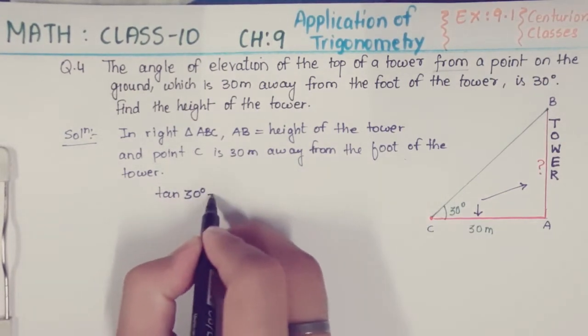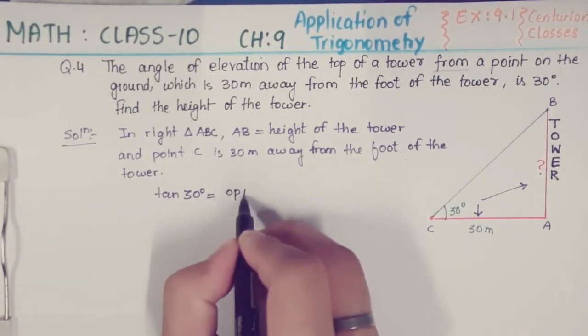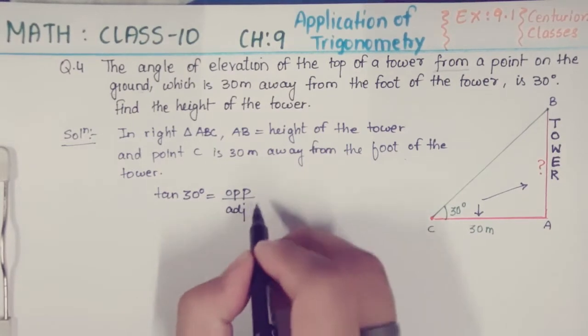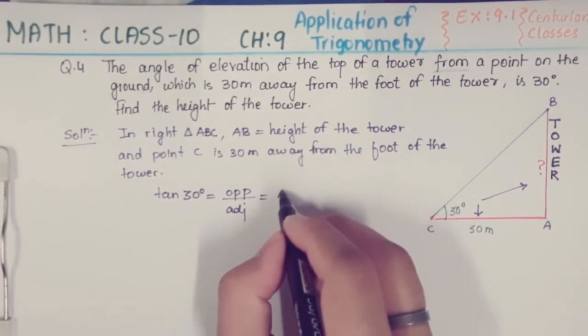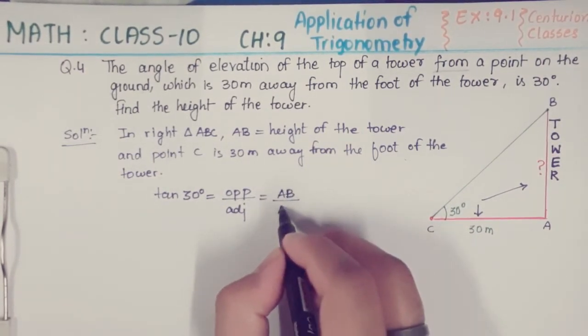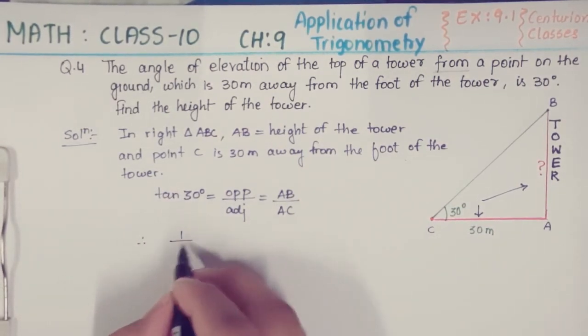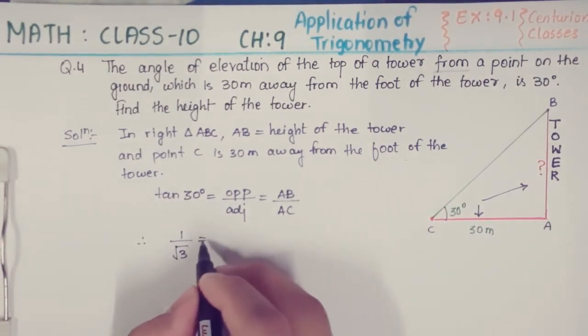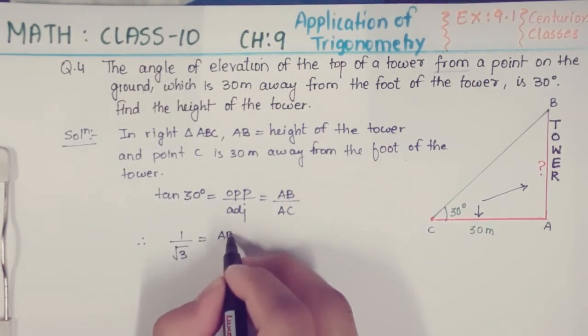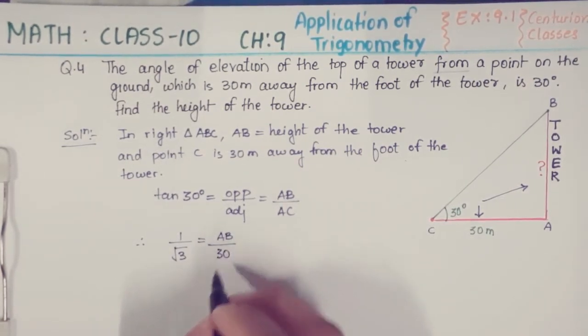Tan 30 degrees equals opposite upon adjacent. What is opposite? AB. And what is adjacent? AC. The value of tan 30 we know, and that is 1 upon root 3, equals AB, which is what we are looking for, upon AC, which is 30.